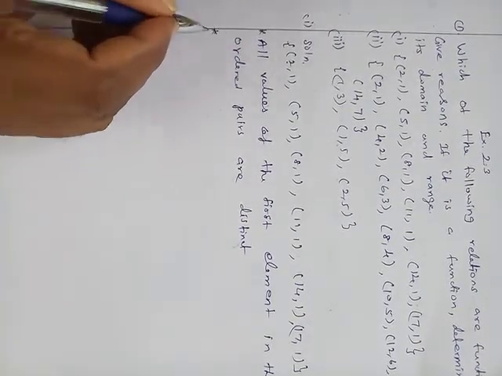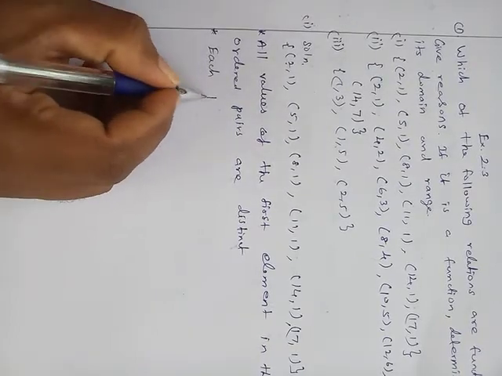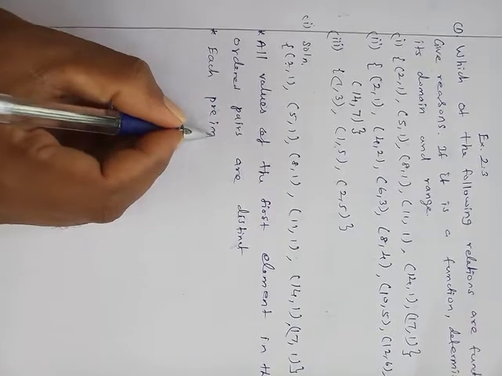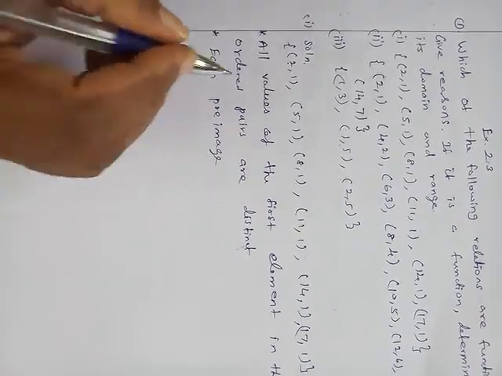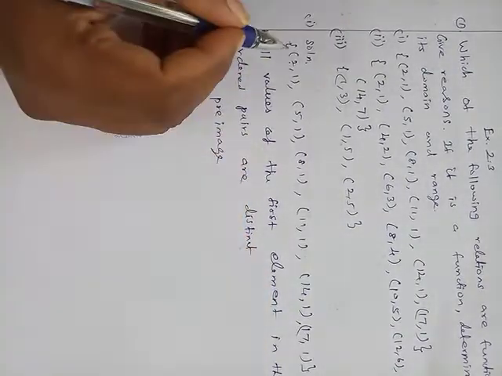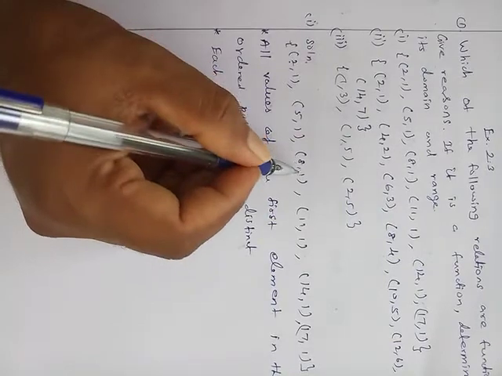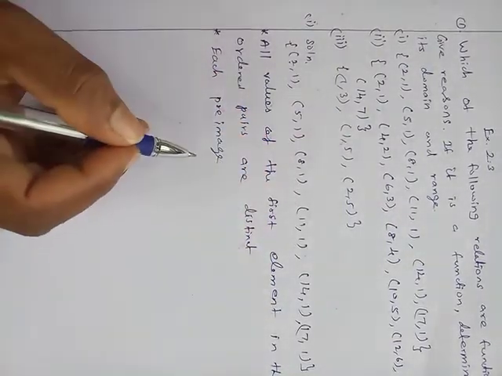Second, each preimage has a unique image. Here 2, 5, 8, 11, 14, 17 are the preimages. 2 is the preimage of 1, 5 is the preimage of 1, 8 is the preimage of 1, and so on.